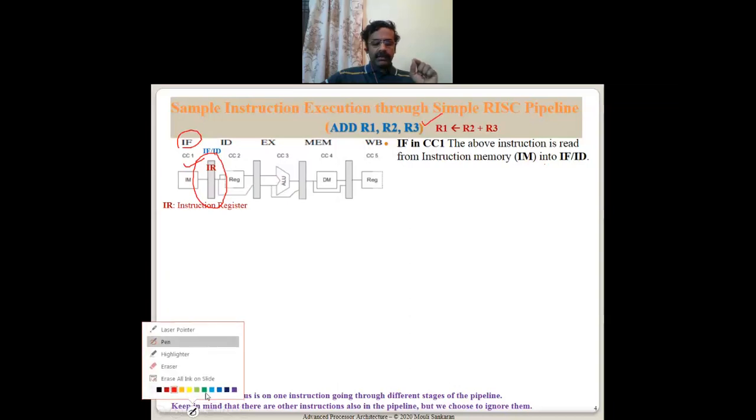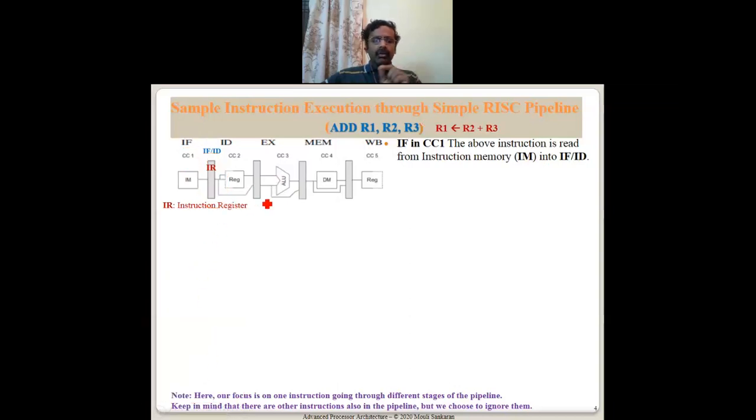Let me now explain what those pipeline registers are. These are all called pipeline registers. Their names, I will share as I proceed. They actually have the names of both the stages. This IF is instruction fetch and this is instruction decode. So this pipeline register, which is in between these two stages, is called IF/ID.